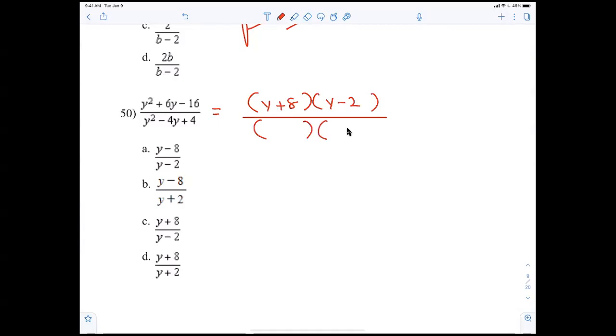And the bottom is factoring to y minus 2, y minus 2. So y plus 8 over y minus 2 was the correct answer. All right, finally got one right.